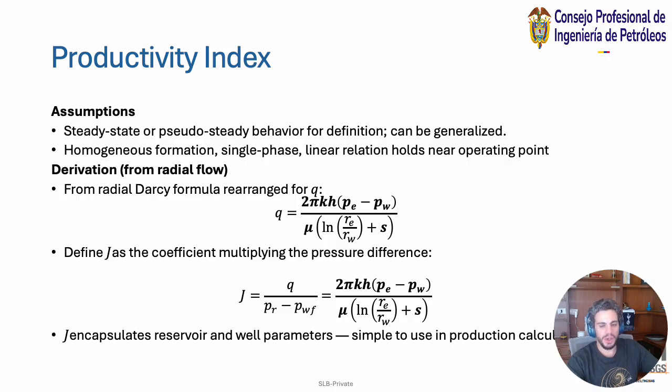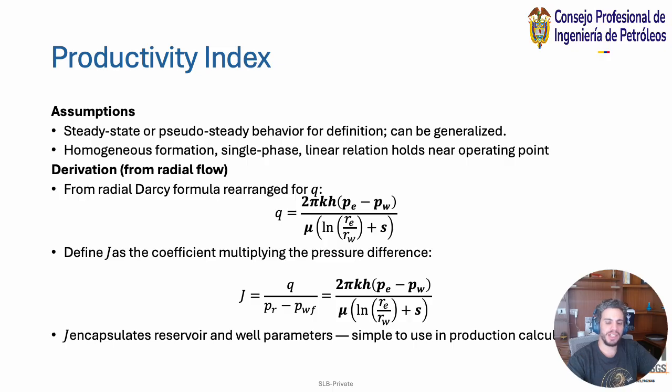So the volumetric flow rate is equal to 2 pi multiplied by the permeability multiplied by the height multiplied by the change in pressure, all divided by mu multiplied by the skin factor added to the natural log of the ratio of the radius from the reservoir to the well.